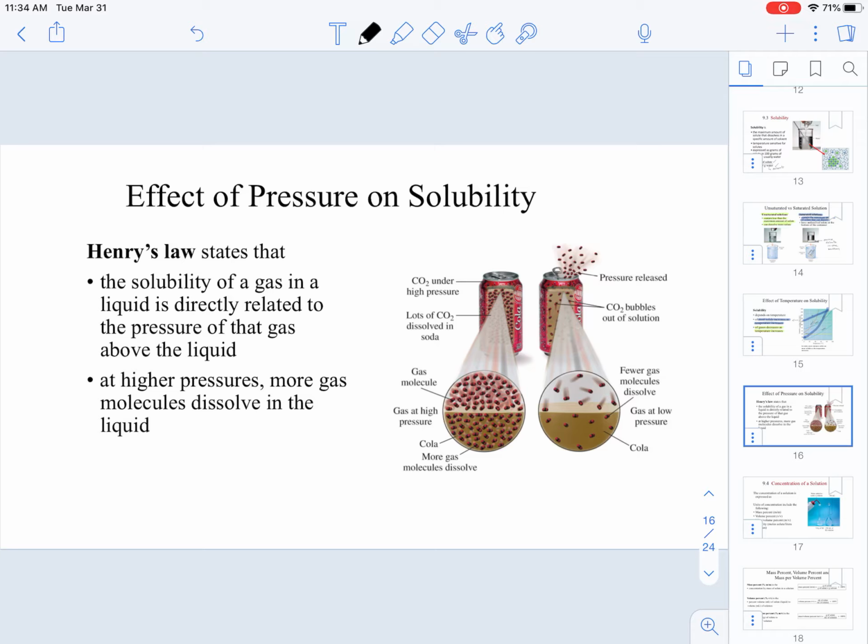So what that means is that at higher pressures, more gas molecules will dissolve in the liquid. So utilizing this concept is how we have carbonated drinks. Because remember that in these liquid solutions, the carbonation is going to be in gas form and our solvent is going to be in liquid form.